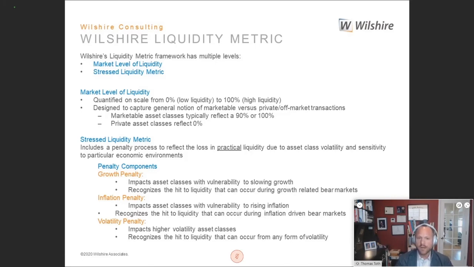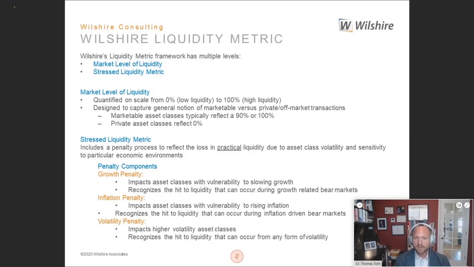During more stressful environments, there might be larger bid-ask spreads within that area of the portfolio, and you might not like the price that you receive for selling those assets in a riskier environment. And so we try to quantify those penalties into that stressed liquidity metric score. For things like private equity, those already have a 0% liquidity score associated with them.